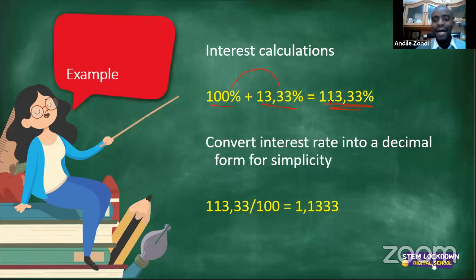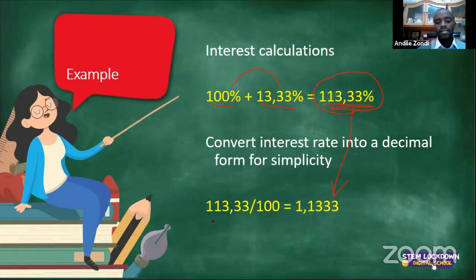That gives us 113.33%. So each and every year we'll be earning the equivalent of 13.33% compound interest. Remember, you can use common fractions, but I like to use decimals because they're easy.